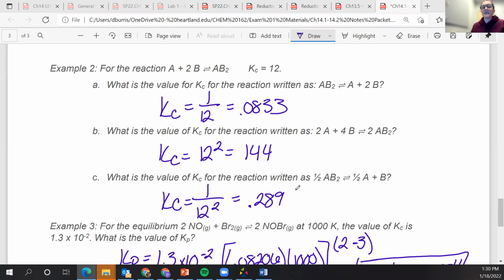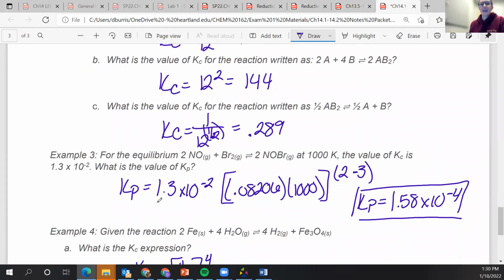And C was halved, oh sorry, that should be to the 1/2 power. Okay, and inversed. So I reversed it, so I did 1 over, and I took it to the 1/2 power, which is really just the square root, I get 0.289. So it doesn't matter what order you do those in, you should get the same answer either way.